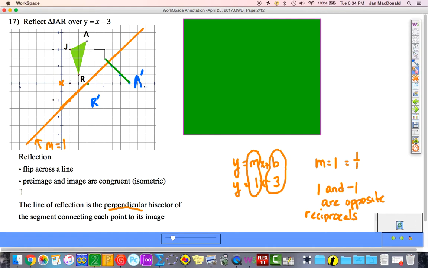And finally, sorry, I had erased the point for R prime. I'm going to reflect J across this line. And again, opposite reciprocal slope, down one, right one, down one, right one.